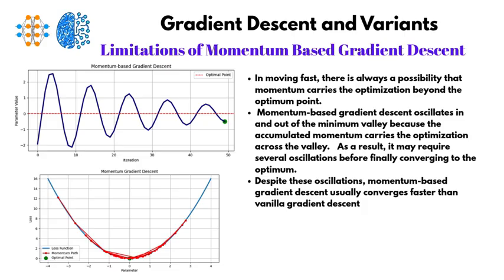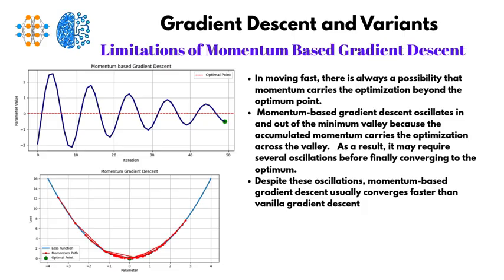This happens because the accumulated momentum can carry the optimization process beyond the optimum. In other words, even after reaching the neighborhood of the optimum, the optimizer may still have enough momentum to continue moving forward. So the first limitation is overshooting. Momentum can move the optimization beyond the optimum point.